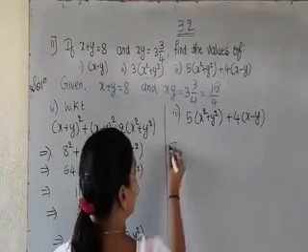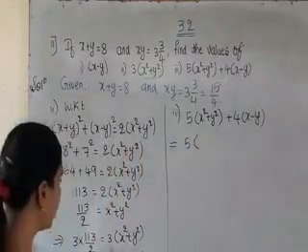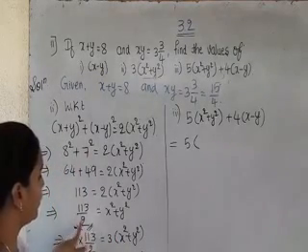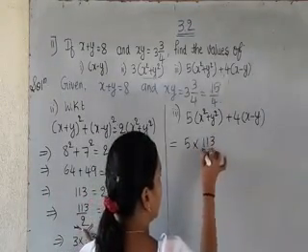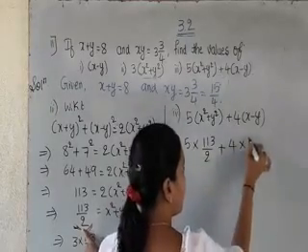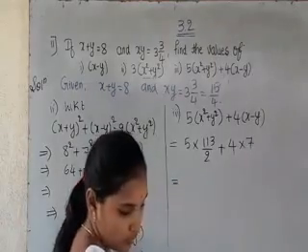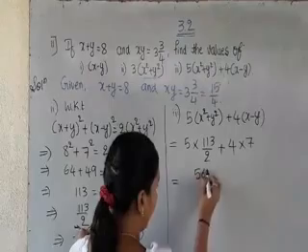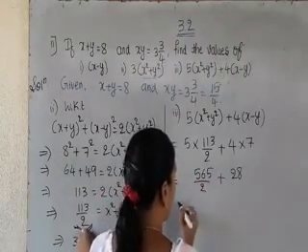What is x square plus y square? Here it is. x square plus y square is how much? 113 divided by 2. 5 into 113 divided by 2 plus 4 into x minus y value we got already as 7. So then 5 into 113 we will get as 565 divided by 2 plus 4 sevens are 28. Here it is a fraction, we have to take the LCM.